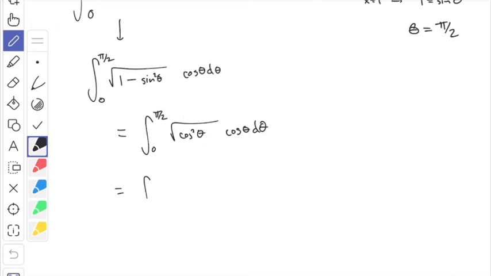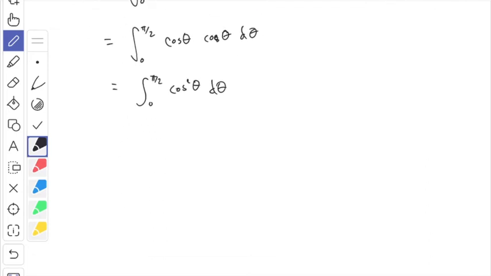And what can I do with the square root of cosine squared? It is just cosine. So this is now the integral from 0 to pi over 2 of cosine theta, and I've got another cosine theta. Those come together and give me cosine squared theta. And how can I handle cosine squared theta? I want to integrate cosine squared. How about those same formulas that we were just using in the other section?